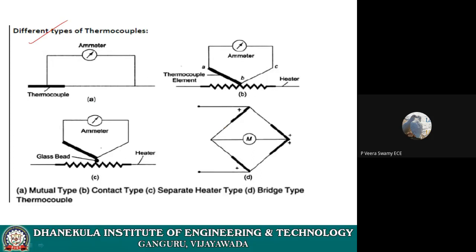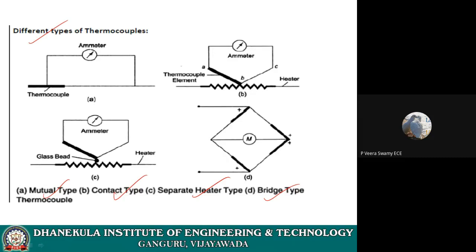See here, the first one is mutual type, contact type, separate heater type, bridge type. 4 types. Please note down the different types of thermocouples: mutual type, contact type, separate heater type, bridge type thermocouple.